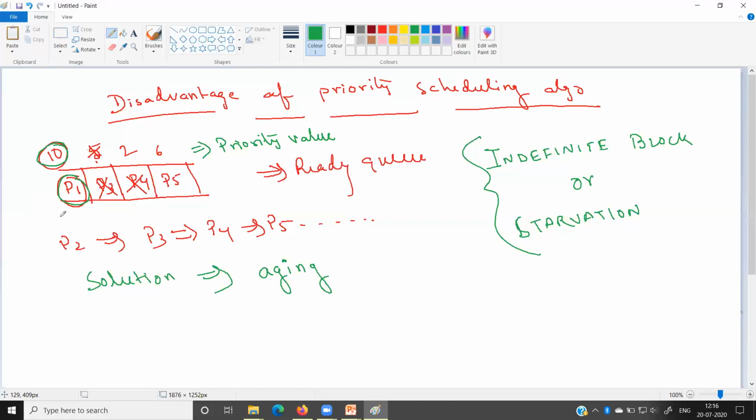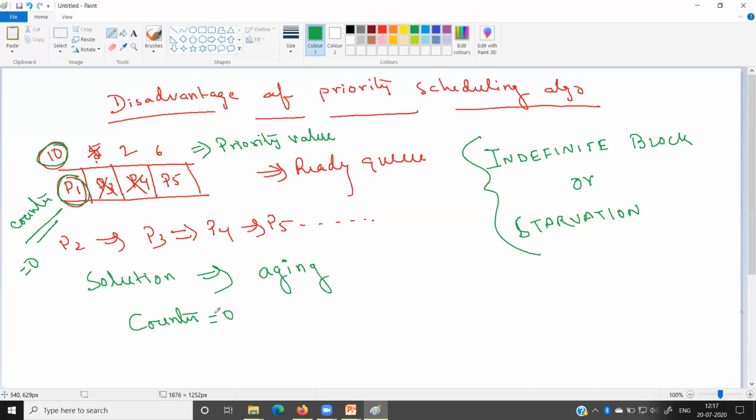So we will assign a counter to the process P1. This counter value will be initialized to 0. This is the solution, aging, where we assign a counter or timestamp to the process which is suffering from starvation. Initially the counter is assigned 0.